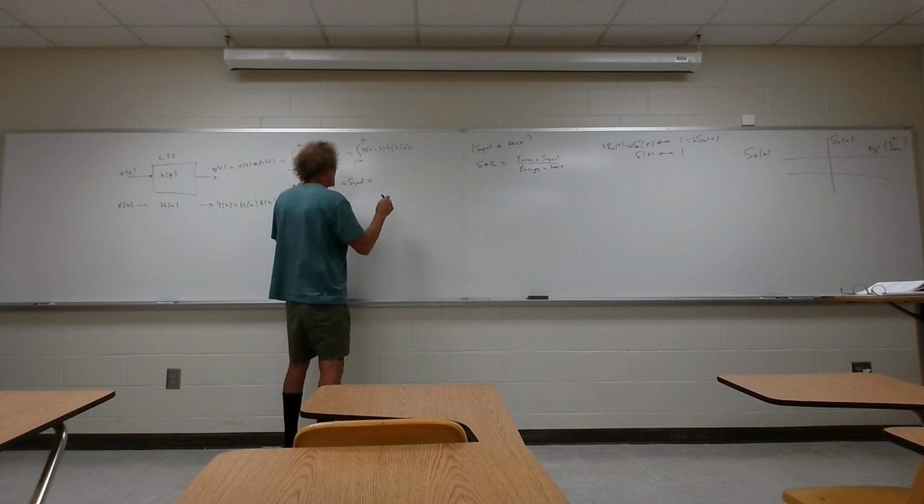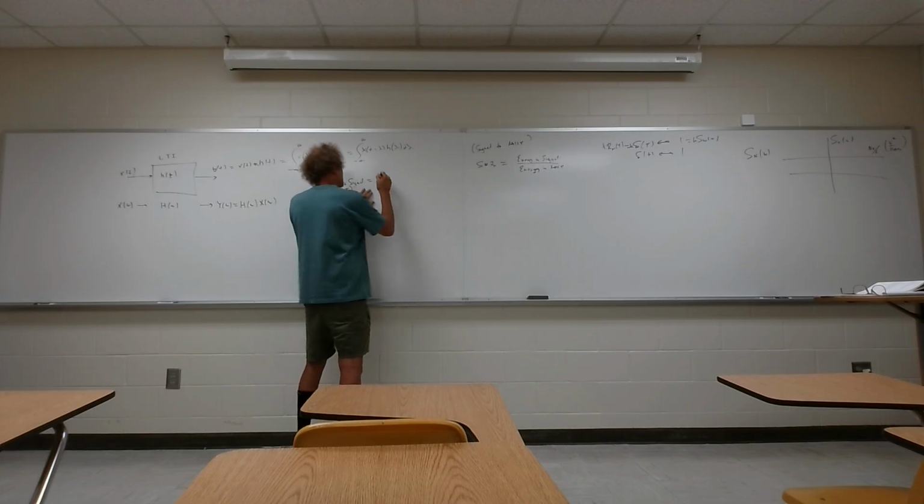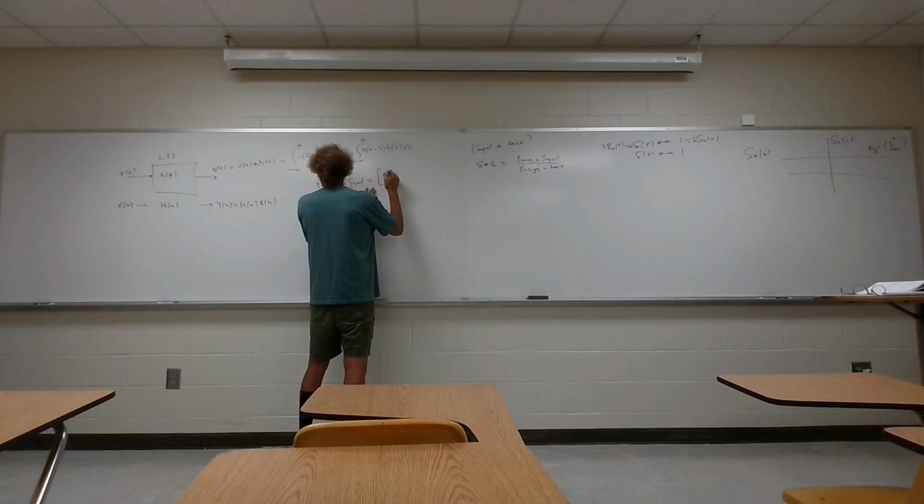Right here. You're going to take, and this is the energy in the signal in the output, by the way, of the system. That energy in the signal will be equal to really this value y of t.